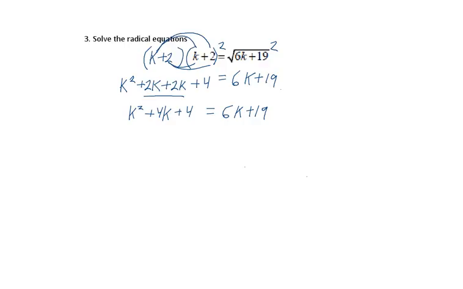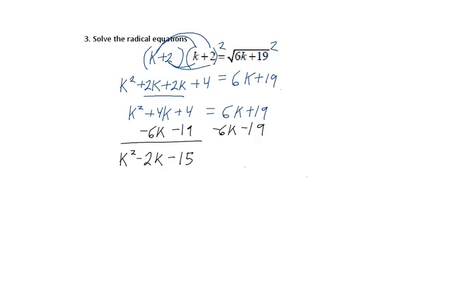In order to solve anything with a power 2, everybody has to be on the same side. So this means we're going to have to do minus 6k and minus 19. So as a result, you're left with k squared minus 2k minus 15.